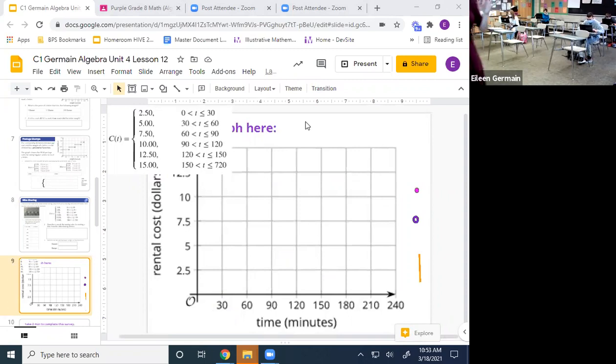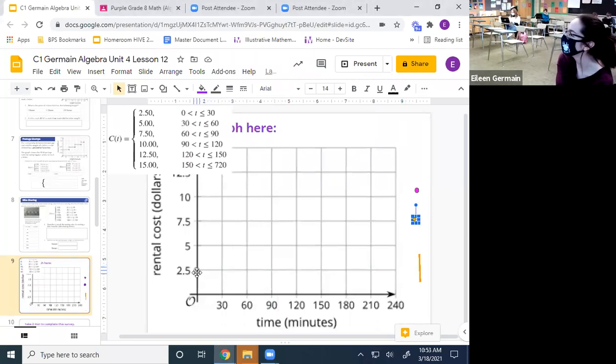So let me grab my chair. We are going to create the first 2 segments together, and then you're going to finish this graph to create the last 4 segments. So I'm going to create this first interval here. What kind of dot am I going to grab to put down first? Sadie? Why do you say that?